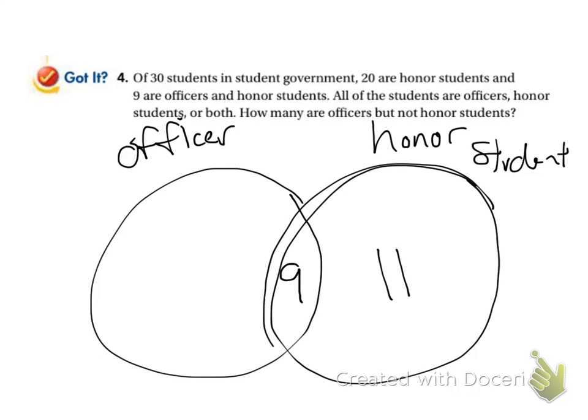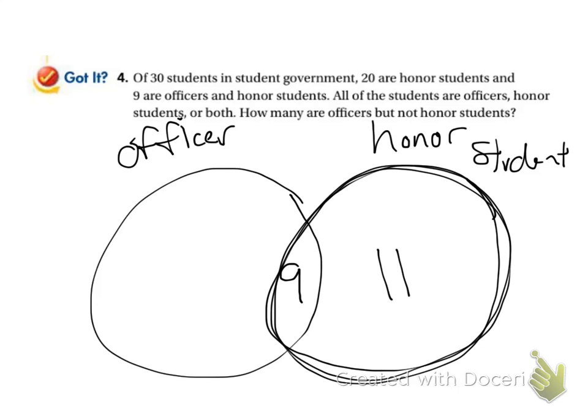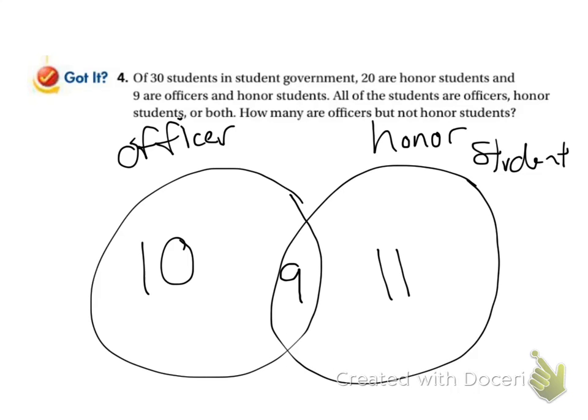So the whole circle needs to be 20. 9 plus 11 is 20. And I know that in the middle, there are 9 students that are officers and honor students. If this whole thing is 20, then I have 10 students left over because I have 30 students in total. So over here, the leftovers must be 10.